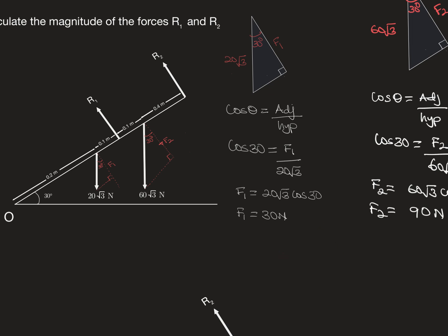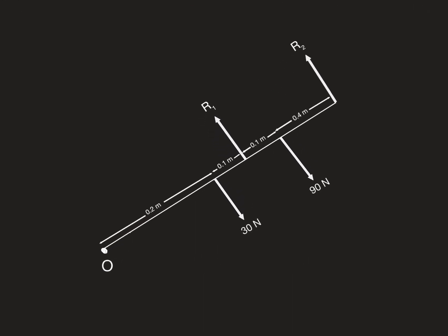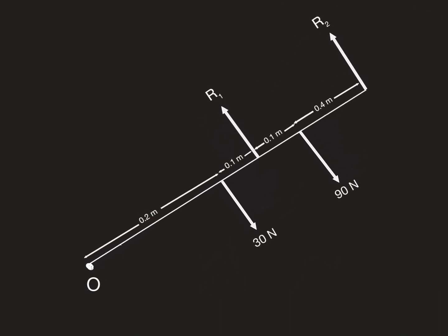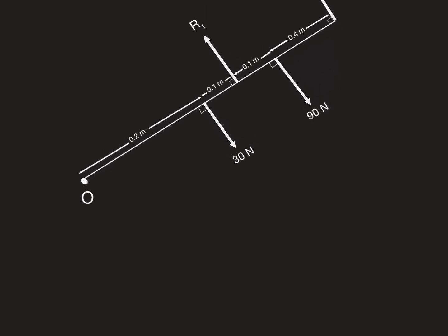So if we should draw this diagram again, then we will have something like this, where F1 is indicated here and F2 is indicated here. So the forces that I am now dealing with are all perpendicular to their respective distances from the reference point O. All right, so we can now move on.